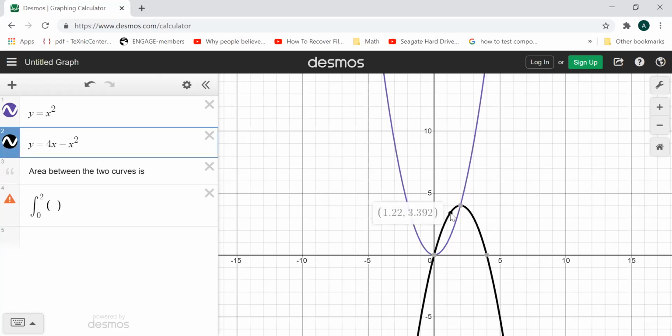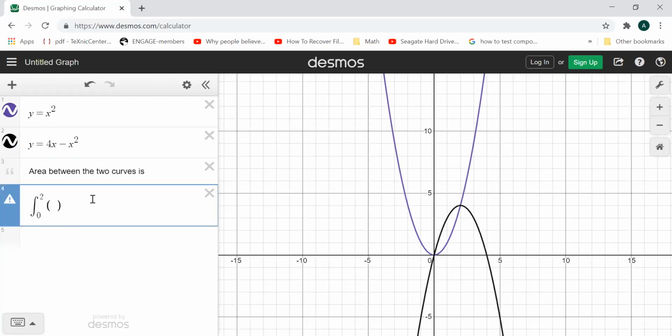I think it's pretty obvious that the black curve is on top, and the black curve has equation 4x minus x squared, minus x squared, and let's put that between a pair of parentheses as well. The reason why it doesn't calculate is because I didn't put the dx here, but I did, and then there we go, it's 2.666, whatever.